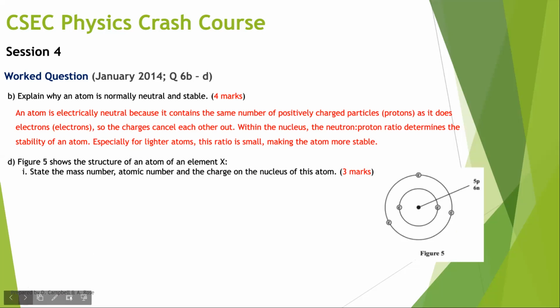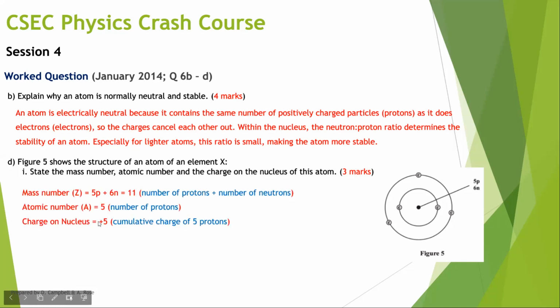Remember that the mass number tells the sum of the subatomic particles present in the nucleus, which would be the protons and the neutrons. So if there are 5 protons, add 5 plus 6, and that would give us 11. So the mass number of the atom would be 11.